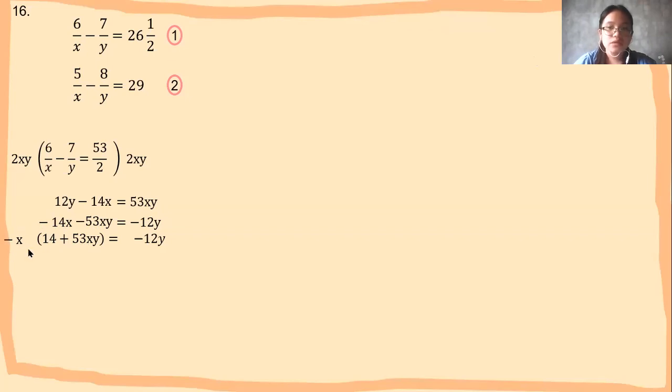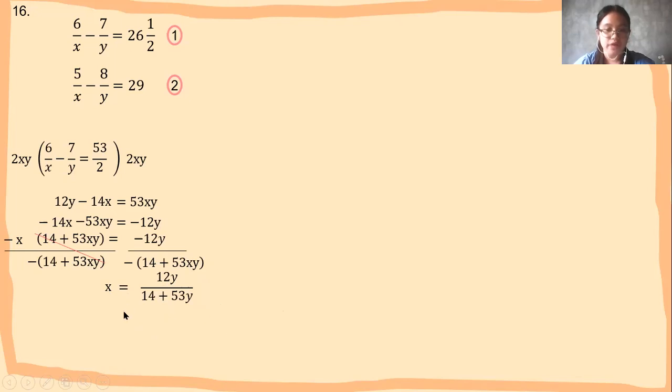So let's divide both sides by negative quantity 14 plus 53y. So let's cancel here, including the negative sign. Then the remaining is x is equal to 12y over 14 plus 53y. So this will be our initial value of x.